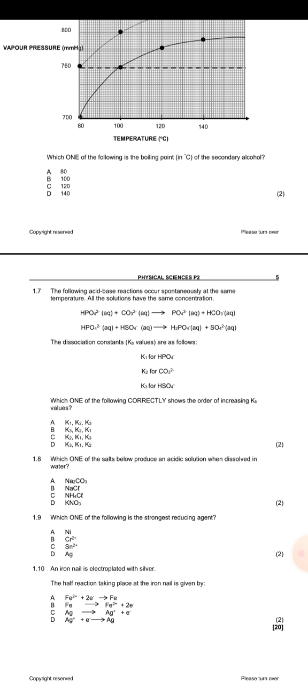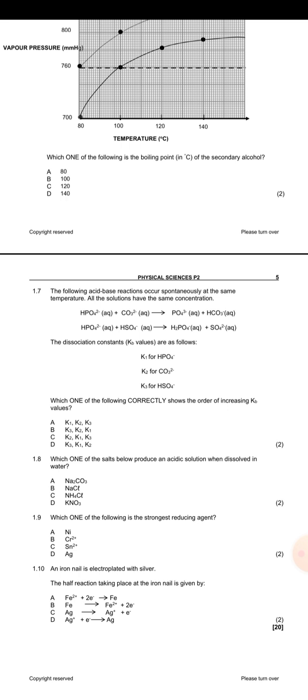So HPO4 is an acid. So what does that tell me? If it is an acid, it means that HPO4 cannot have the highest Kb value. So any option from our options that shows K1 to have the highest, because they said increasing, is wrong. So B is out, wrong.